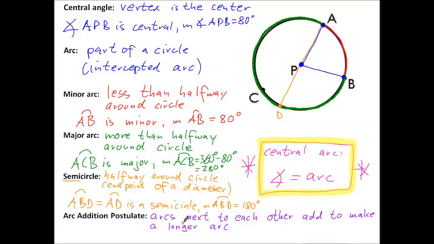In our example, that means the measurement of arc DB plus the measurement of arc BA is equal to the measurement of the arc AD. And in numbers, that means 100 degrees plus 80 degrees is equal to 180 degrees. Are you ready for some examples?